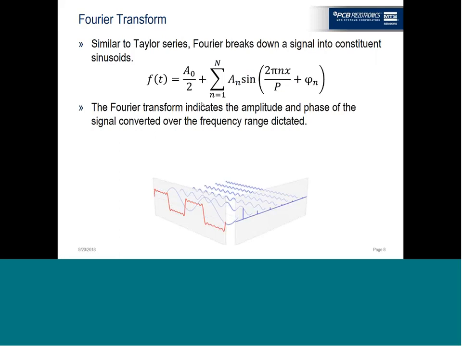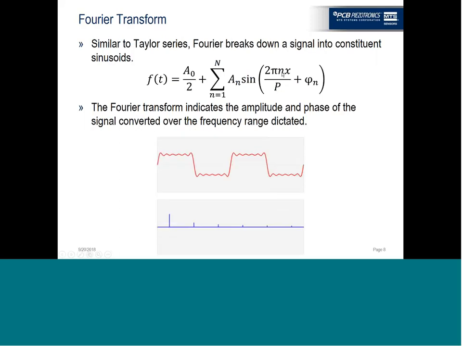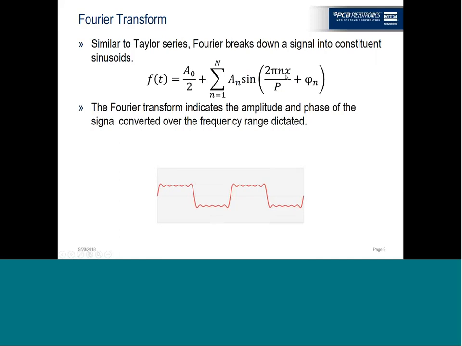And then everything above that has a magnitude, a sub n, times sine or cosine of 2 pi n, which is each integer in the series, x, and actually that's an error, that should be a t, not an x, and then p, which is a scaling constant that tells you what your frequency step is. And then you also have a phase associated with that.